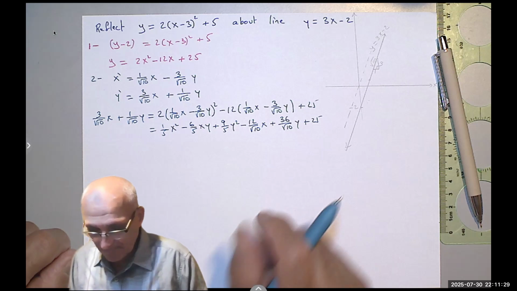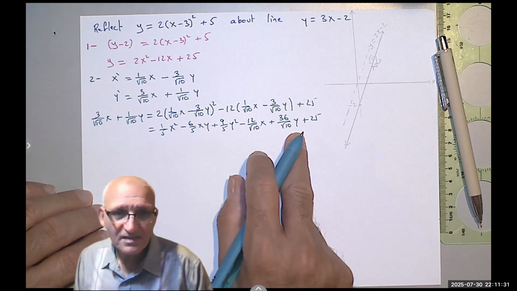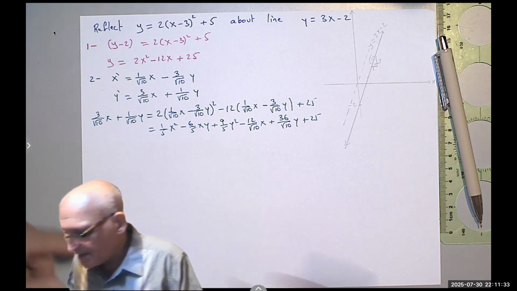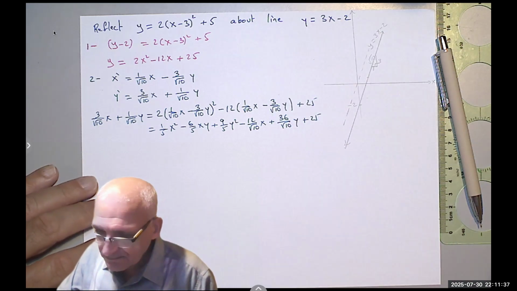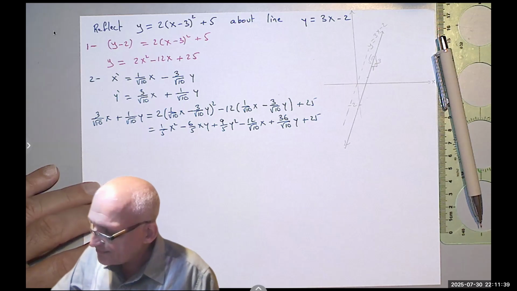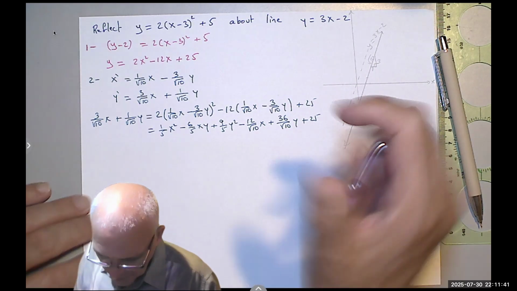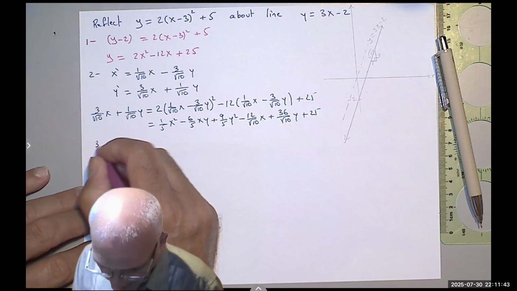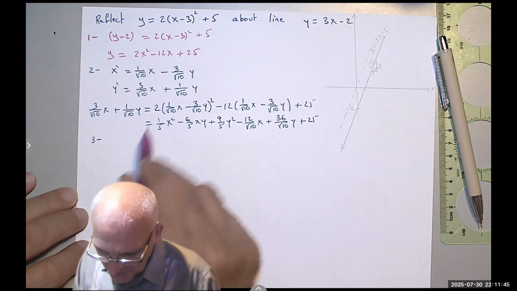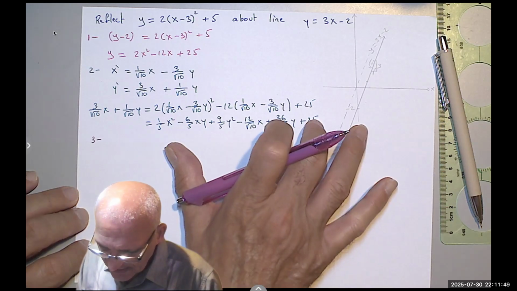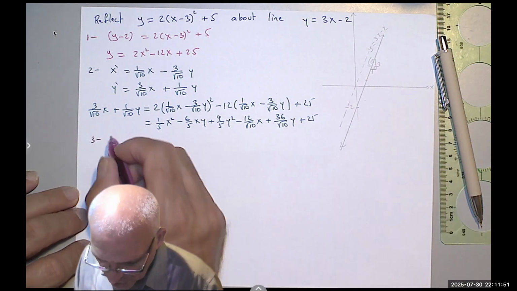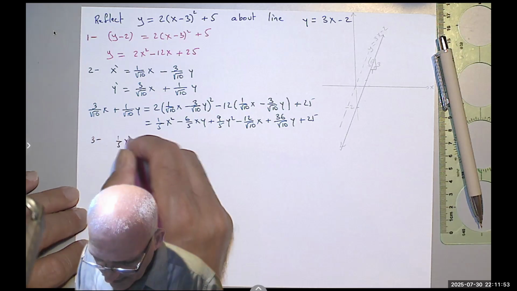Okay? I can move this here. Let's do it in a single step, because in step number 3, the y would be changed into negative y. So I'm going to assume this is the right-hand side, and then I will say equals 0. So 1/5 x squared.